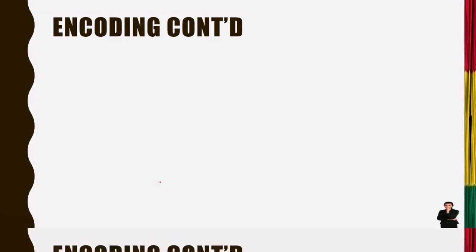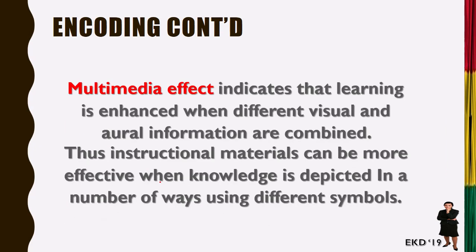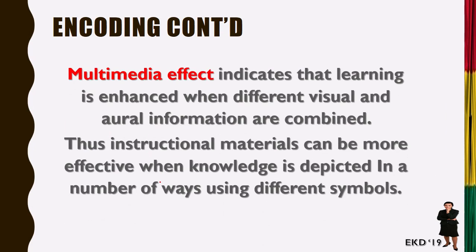Now, another one is the multimedia effect. The multimedia effect is that you use different ways to express the same thing. Assuming I want to teach them one. What is one? So, one is also written as ONE.